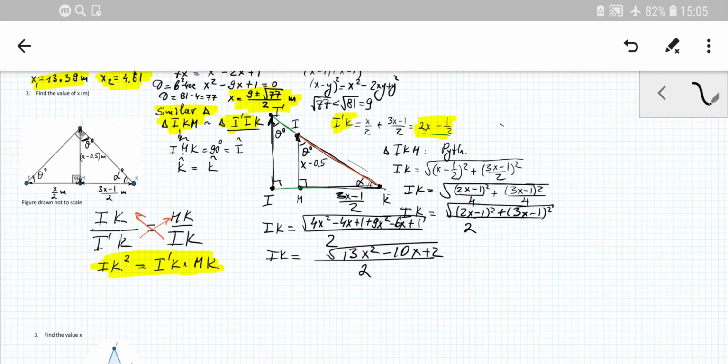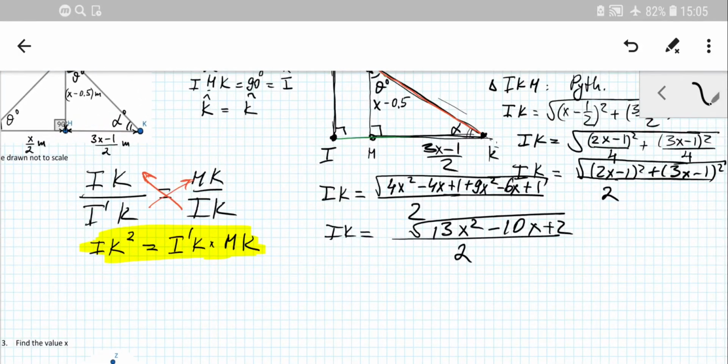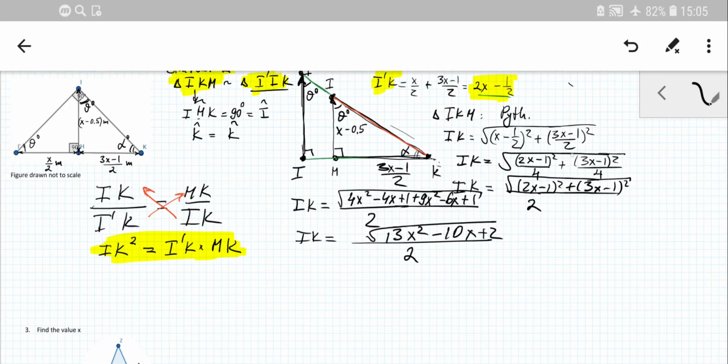Okay, it was a bit more complicated because you need to be precise when you rearrange numbers and variables. Okay, so IH squared is simply that expression which is squared.